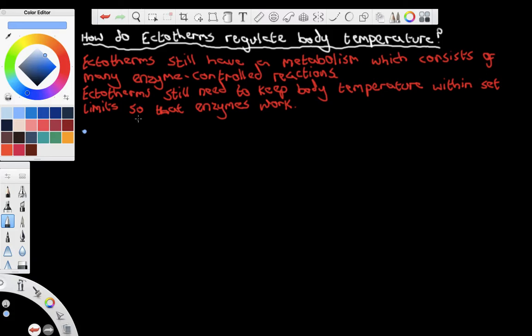So you find that a lot of ectotherms bask in the sun. Essentially what we mean by this is that they sunbathe.